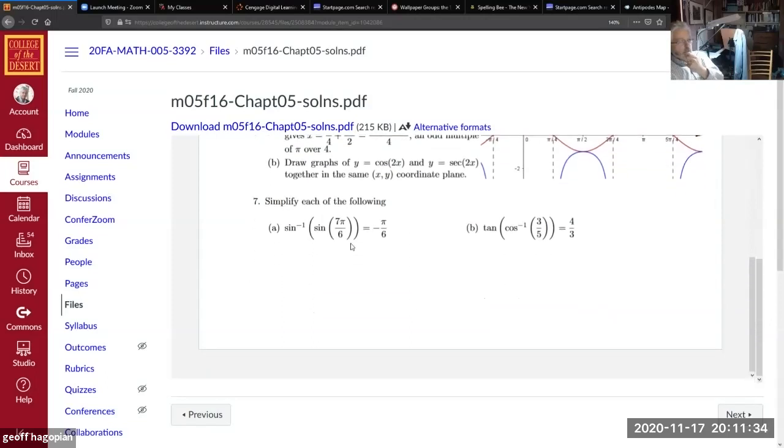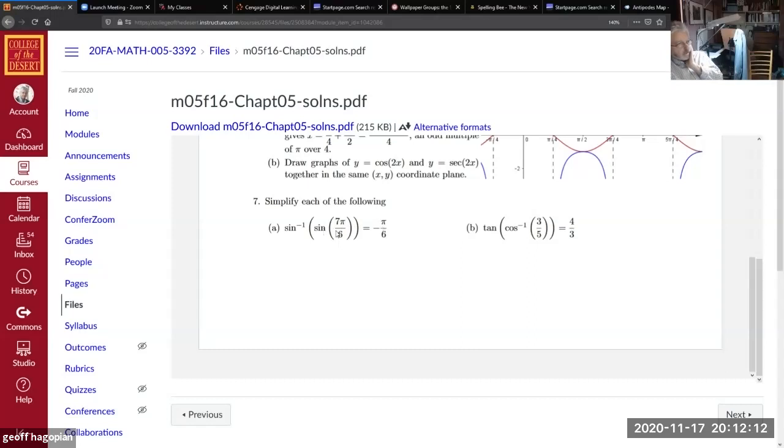Okay. Is it obvious that this is negative pi over? That's not so obvious, huh? The sine of 7 pi over 6, you're into the third quadrant where the sine is negative 1/2, right? But the arc whose sine is negative 1/2 has got to be between negative pi over 2 and pi over 2. So it's the opposite side of the circle. It's the antipode of 7 pi over 6, which is, actually, it's not, it's the reflection across the y-axis, right?